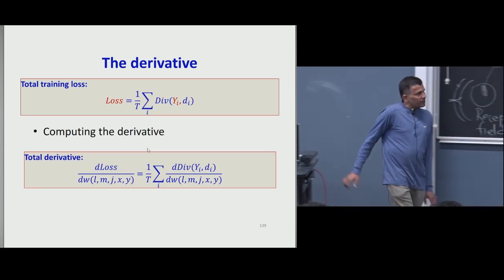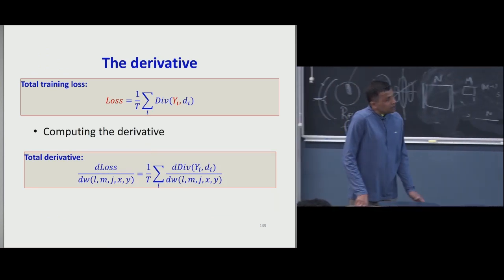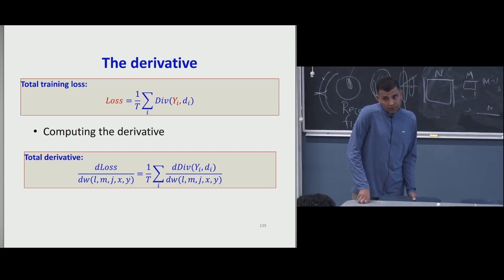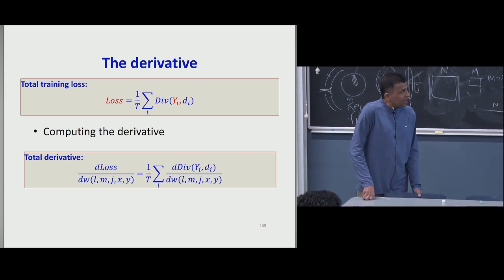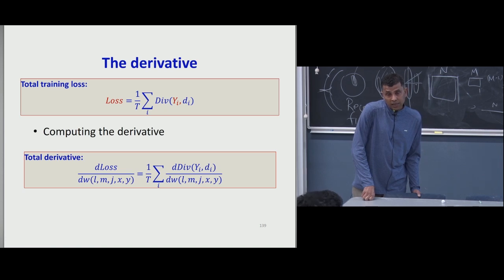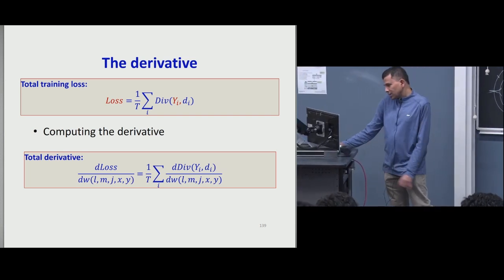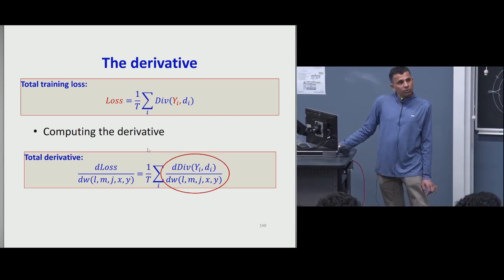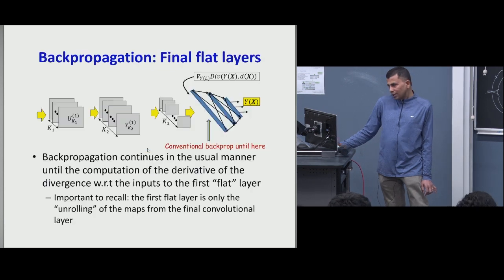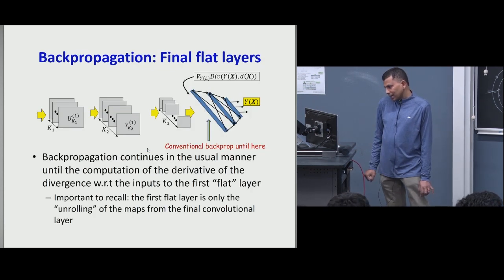And that derivative is just the derivative of the loss, which is the average divergence. So it's just the average of the derivatives of the divergences for the individual training instances. Nothing has changed. Absolutely nothing has changed. And this is the key term that we must figure out how to compute. And we'll do that in the next class, right?